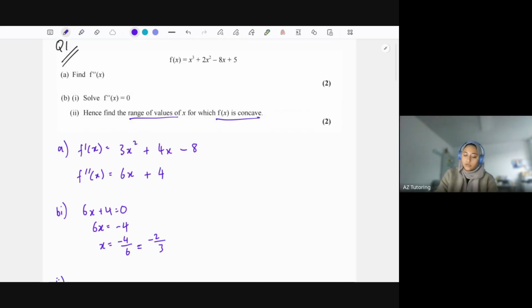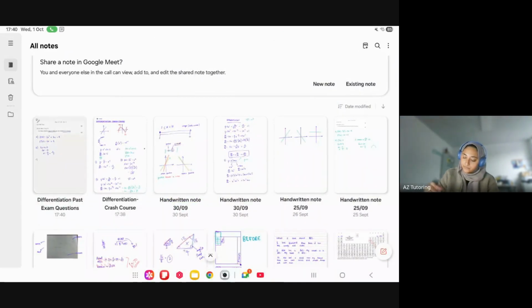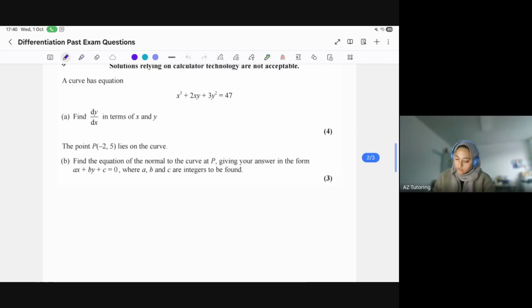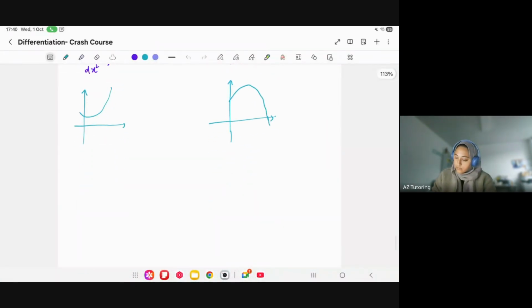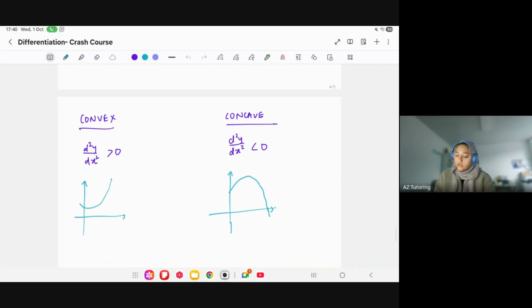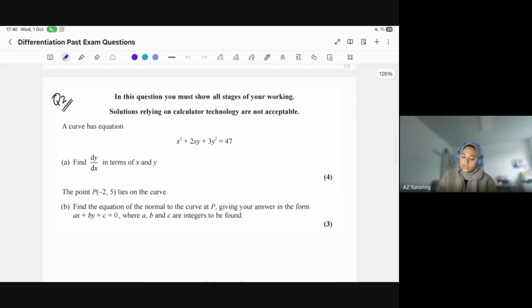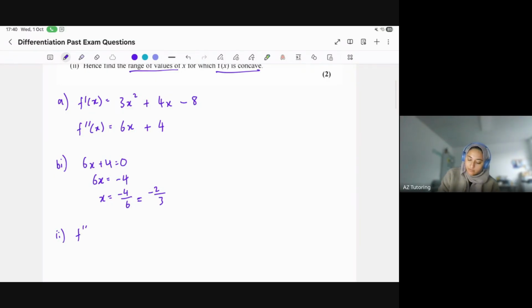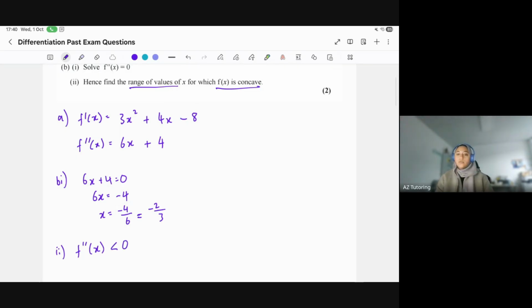Now going back to our notes, we said concave is when it's less than 0. So all we're doing is making the second differential less than 0. So in this case f double prime of x, we're finding it when it's less than 0.